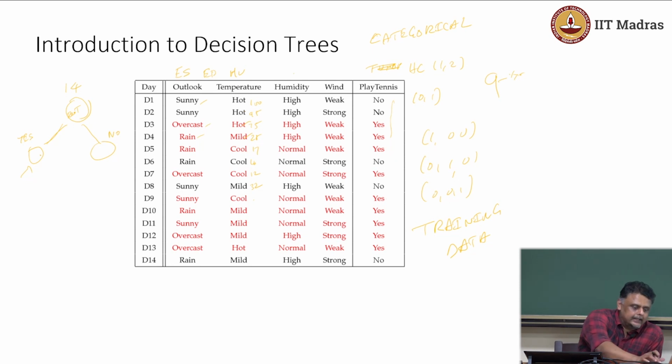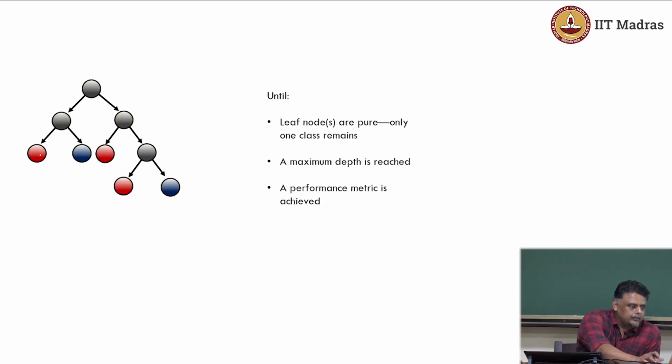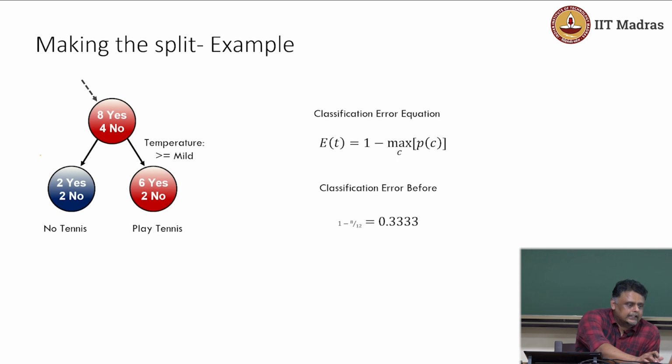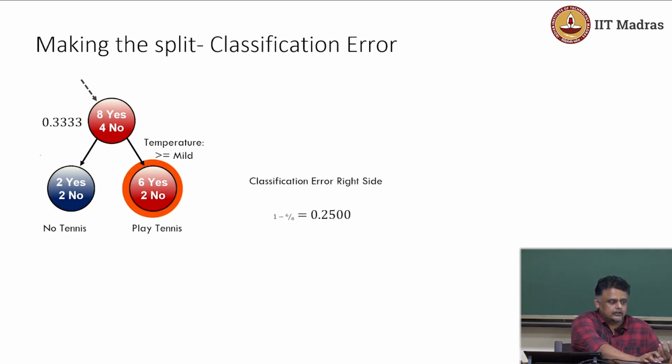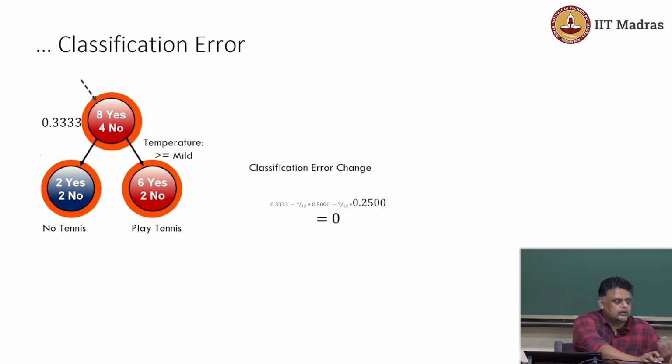That's what happened in that example I gave. When you split into 2 and look at the difference, the classification error change is not much. You haven't achieved much. So it's a bad metric, but it will work. You land up in this weird situation sometimes. But other than that, it's fine.